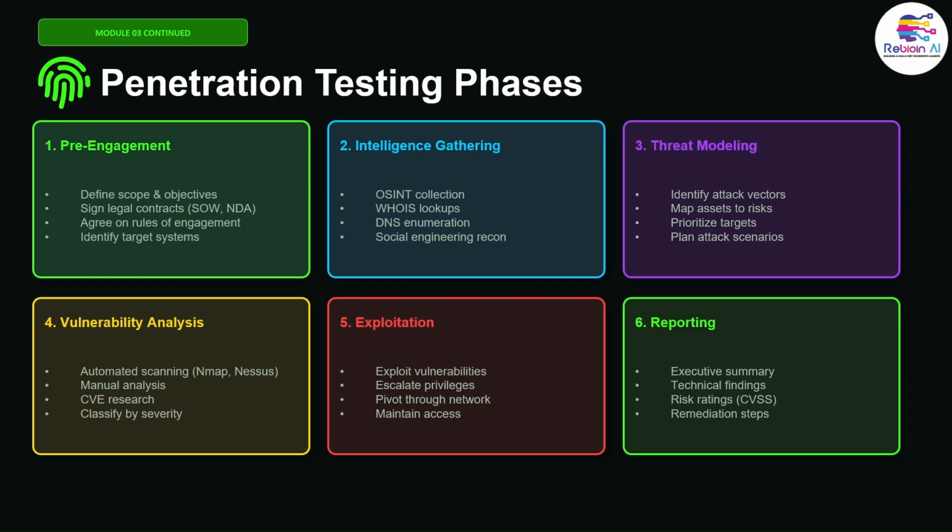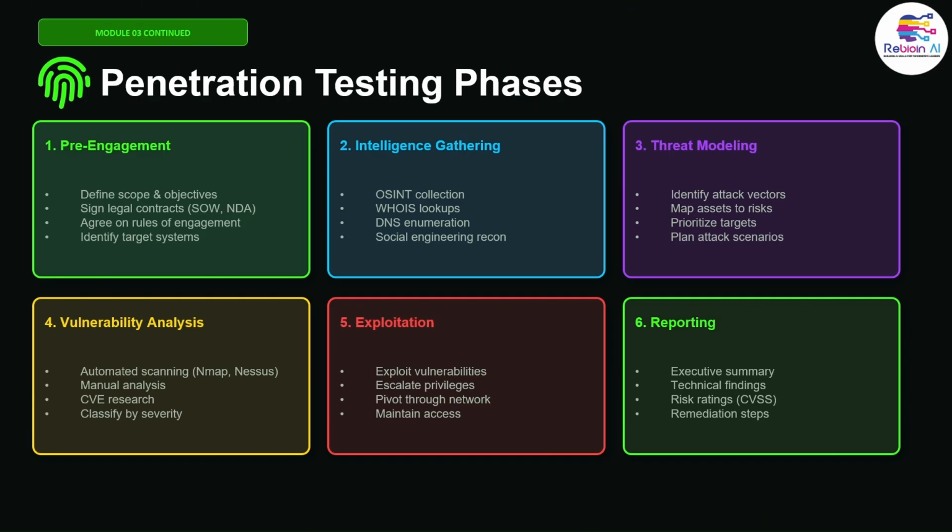Phase 4, vulnerability analysis. You use tools like Nmap, Nessus, or OpenVAS to scan for weaknesses. You also do manual analysis, because automated tools miss things. You research CVEs, common vulnerabilities and exposures, which are publicly documented security flaws in software.